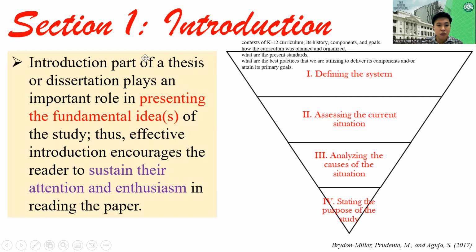In your strategic intervention material, you can focus on the context of the K-12 curriculum, its history, components, and or goals, how the curriculum was planned and organized, what are the present standards or measurement or assessment to define the system, what are the best practices that you are utilizing to deliver it effectively and or attain its primary goals.